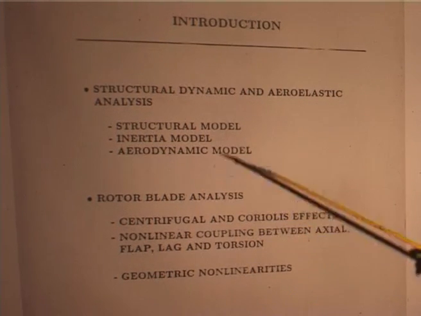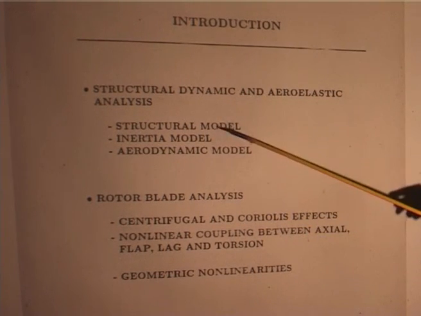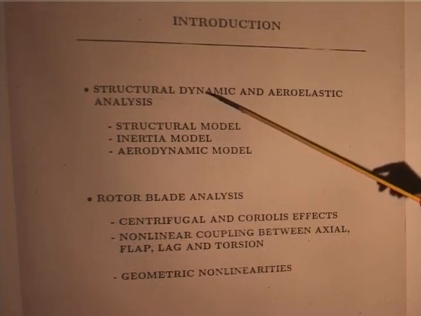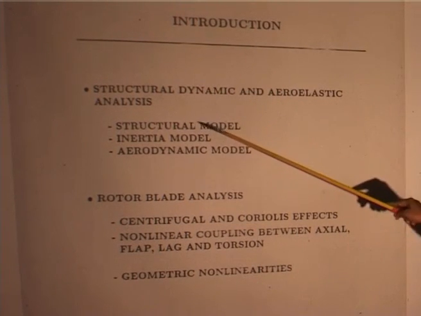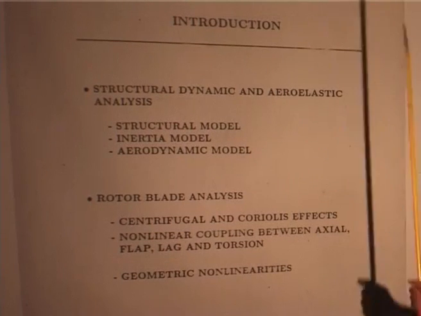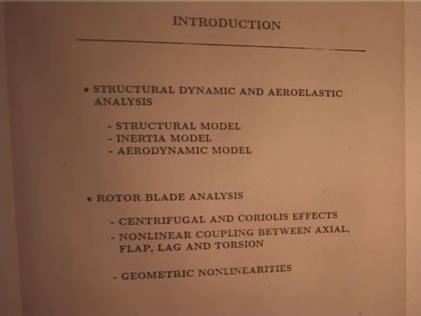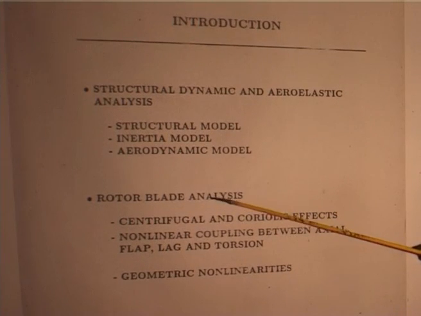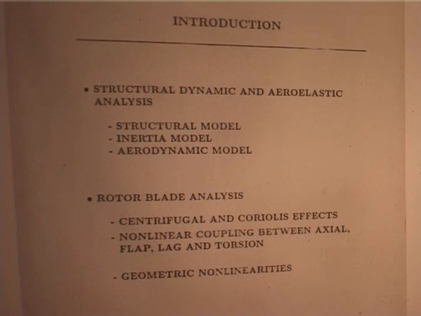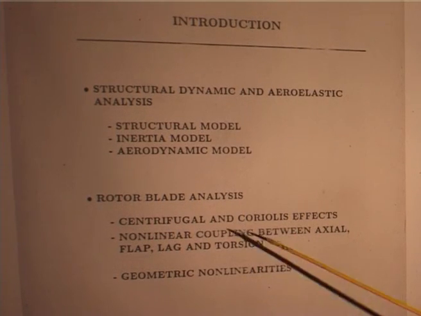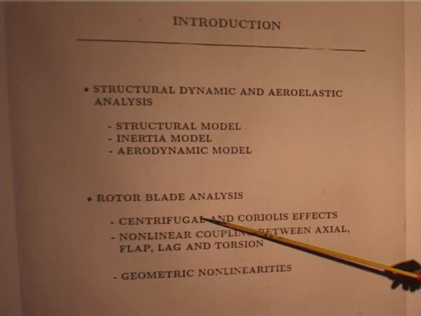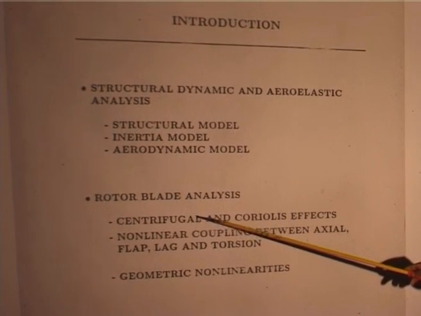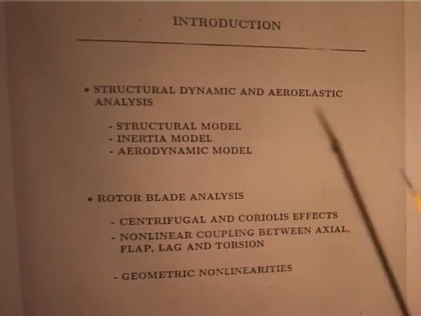People have spent their entire research career only on this, sometimes only modeling the structure. Okay. Now, the key difference between the conventional non-rotating beam and a rotating beam is that we introduce centrifugal and Coriolis effects.